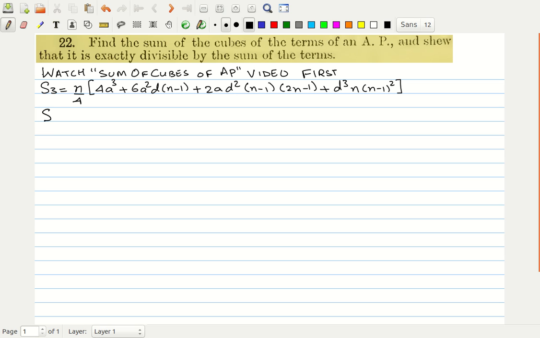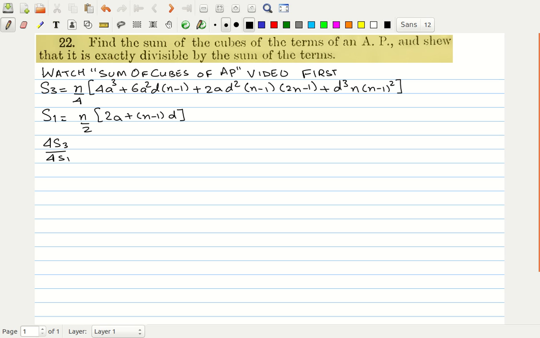We also know that the sum of the terms of an AP, which I am calling S1, is simply n by 2 times 2a plus n minus 1 times d. Now in order to show that S3 is always divisible by S1, we will consider the expression 4S3 by 4S1.